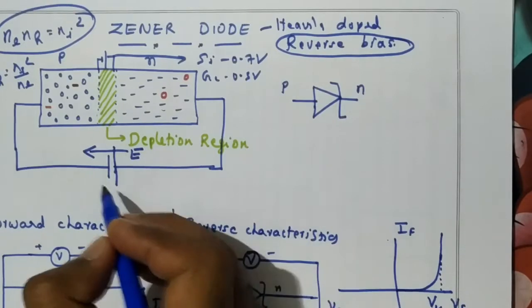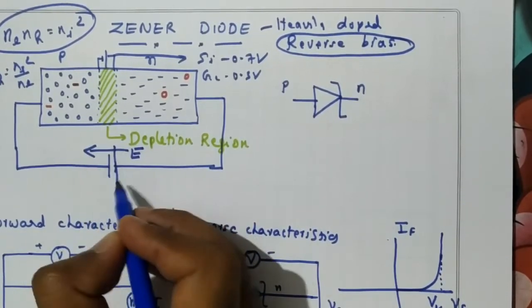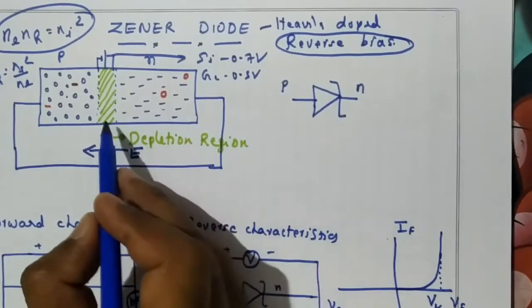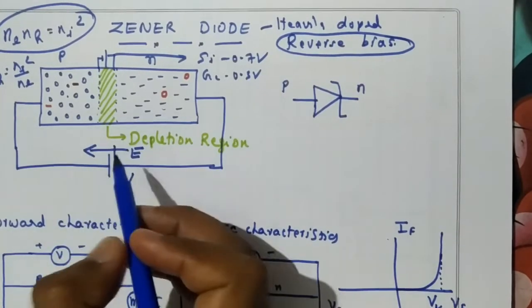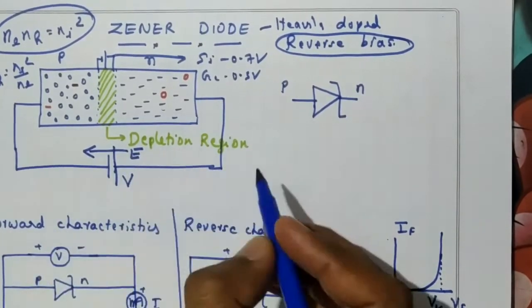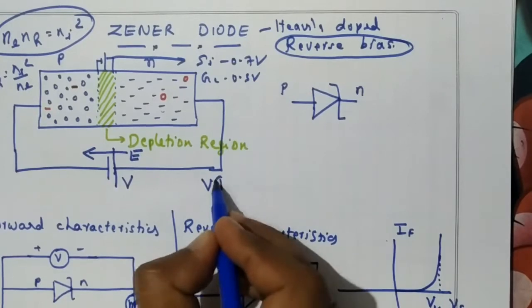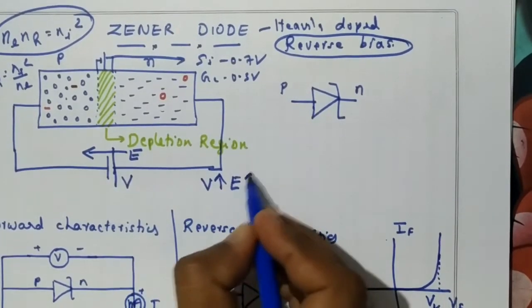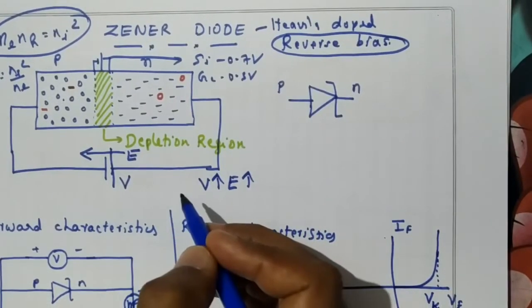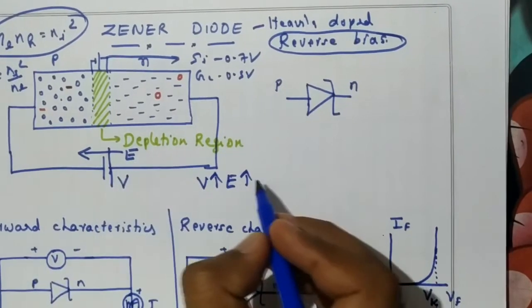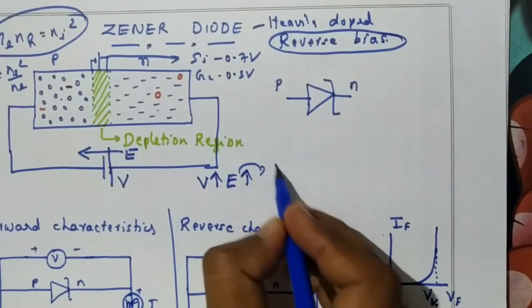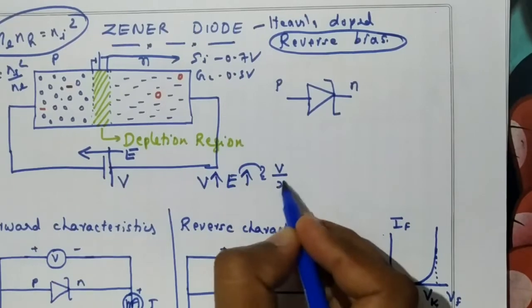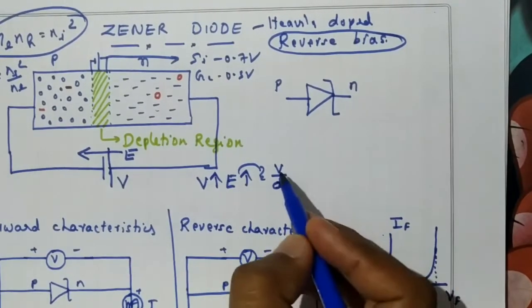Now, as you increase the reverse voltage, say V, the width of the depletion region increases and the electric field also increases. How does the electric field increase? Electric field is equal to V divided by D, where D is the distance.